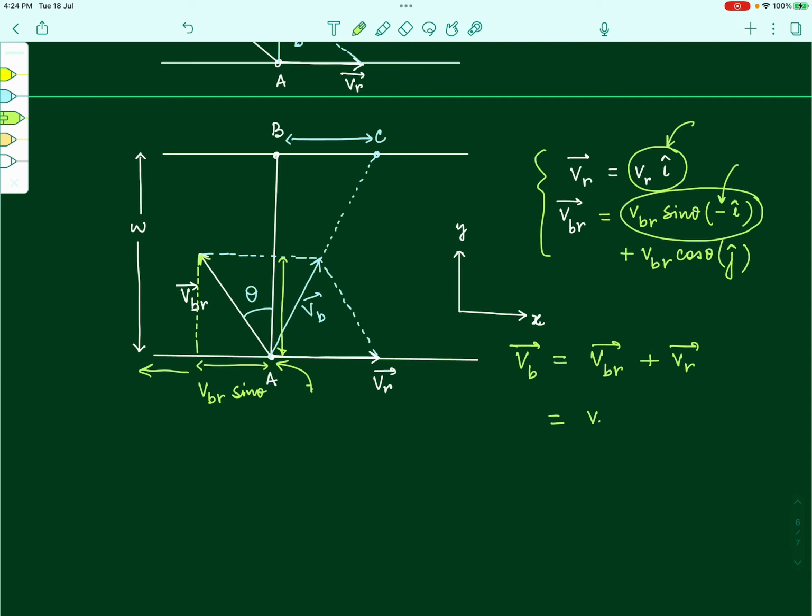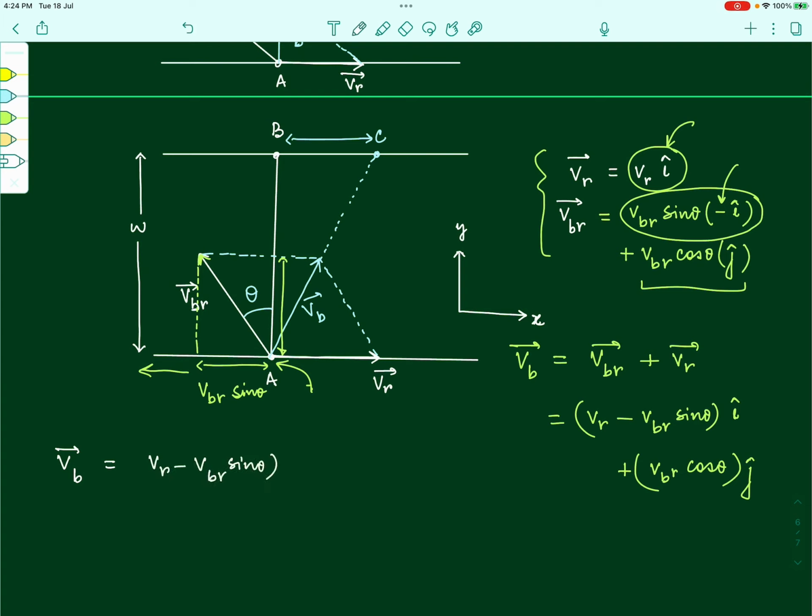So we can write VR minus VBR sine theta i cap, plus the other component, the j cap component, VBR cos theta j cap. Let me write this once again because this is an important relation: the velocity of the boat is VR minus VBR sine theta i cap plus VBR cos theta j cap.